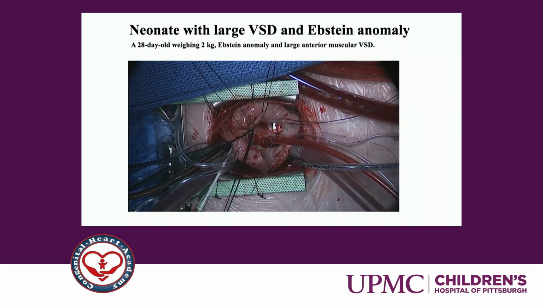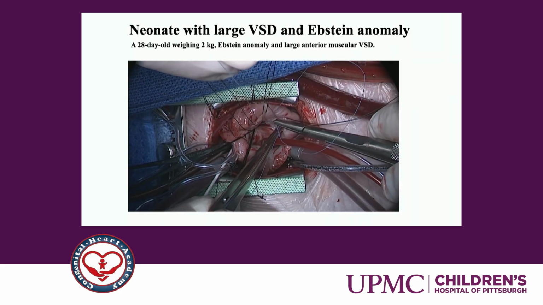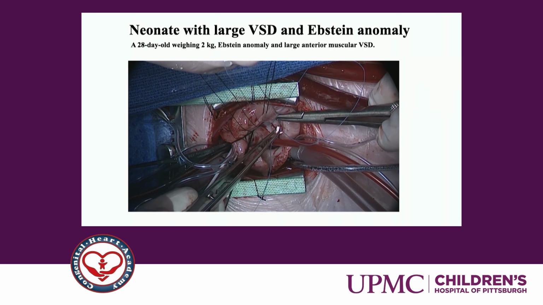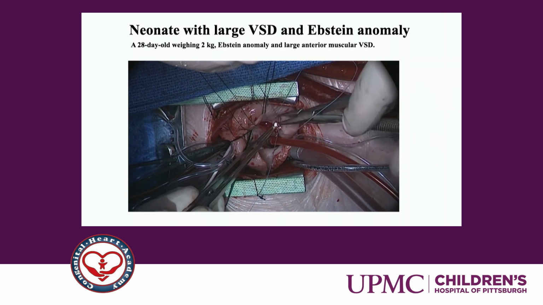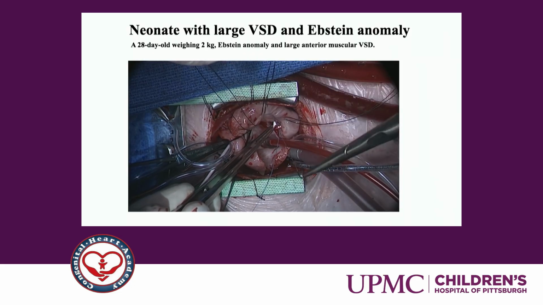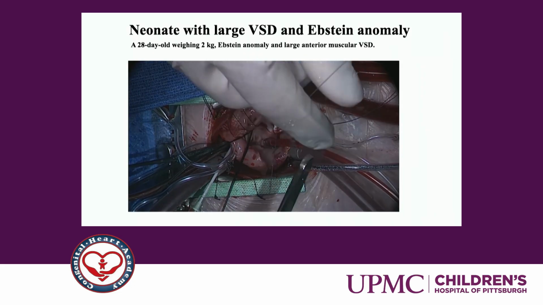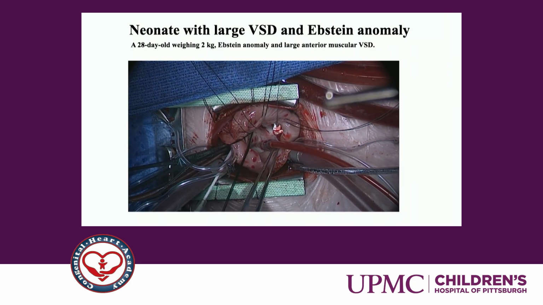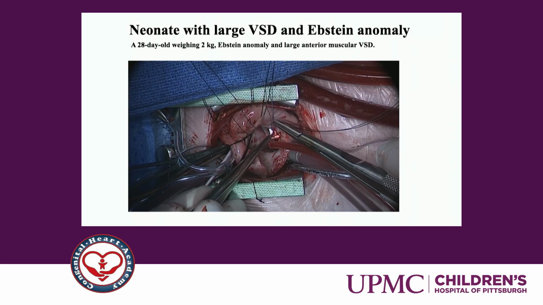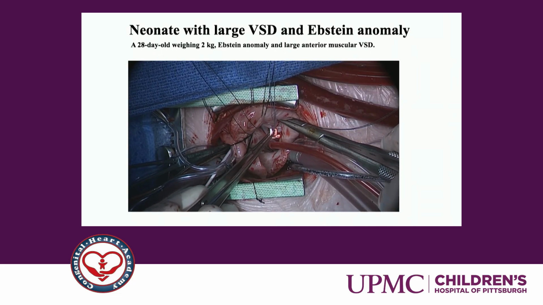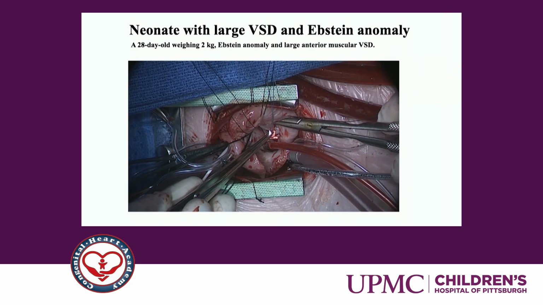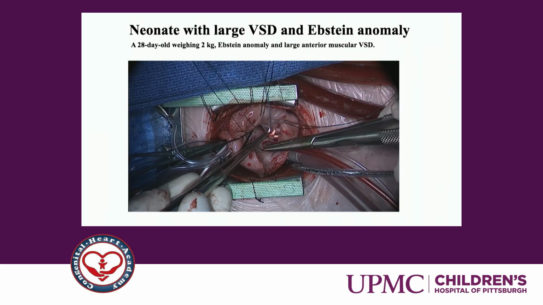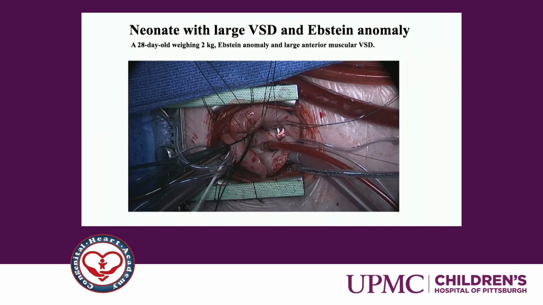Now the pledgeted suture is tightened, and the same suture is used to close the remaining orifice, which will be the non-functional orifice of the tricuspid annulus, and the tricuspid valve annulus will be reduced by half.